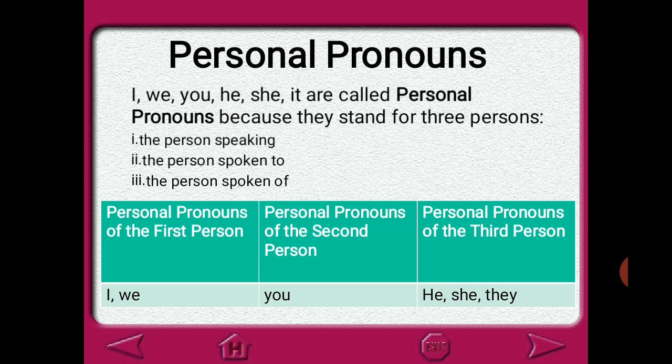You is used both in the singular and in plural form. You must know this. Then the pronouns he, she, and they denote the person or persons spoken of. They are said to be the personal pronouns of the third person. Although it denotes the thing spoken of, it is also called a personal pronoun of the third person.